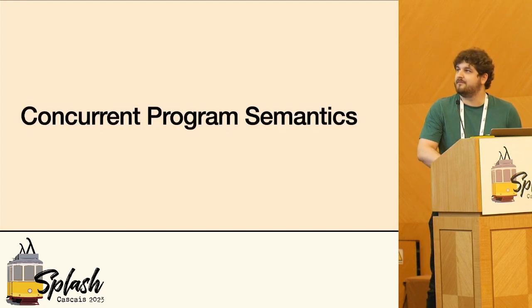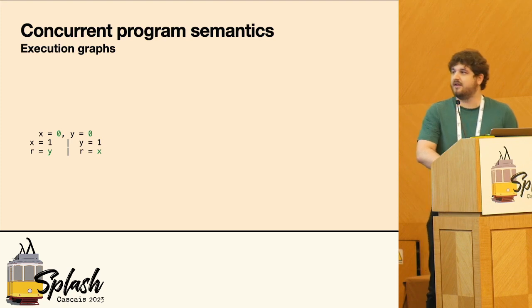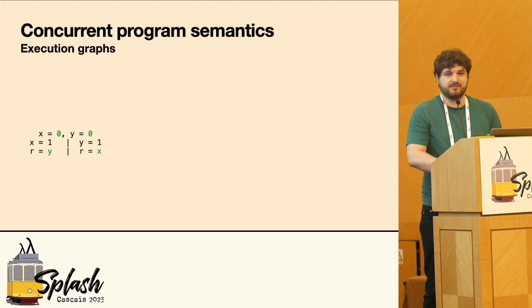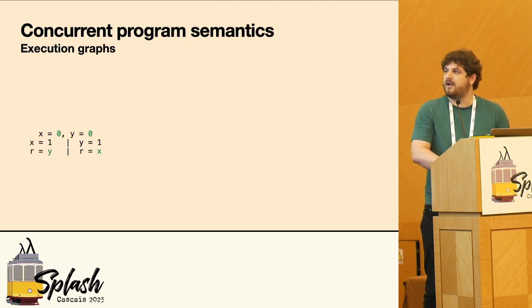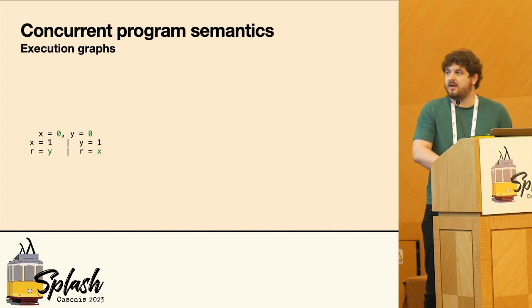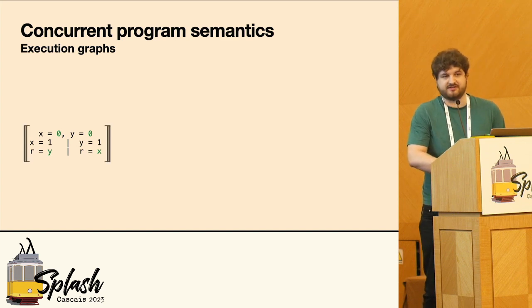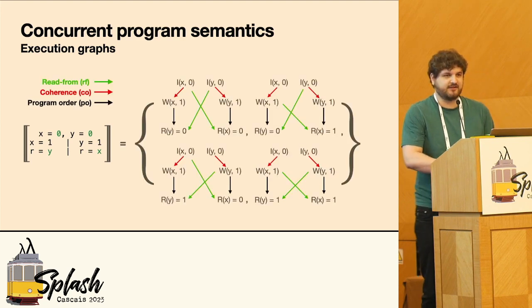Okay, so first of all, what are concurrent program semantics? Let's look at this very simple program here. It has two threads, the left one and the right one, and it works over shared memory, the variables x and y. Somewhat atypically, the semantics we associate to this program are so-called execution graphs, instead of what people usually do, these interleaving semantics. So we look at graphs.